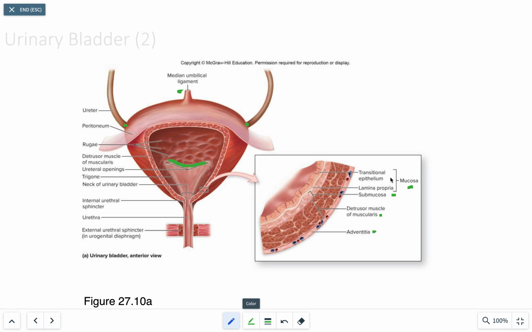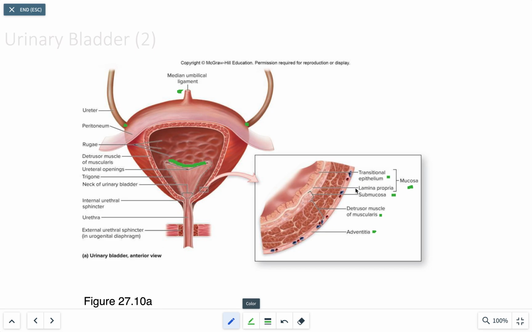So starting with the mucosa, this lines the bladder lumen. It's made of transitional epithelium, which accommodates the distension. We can see here the transitional epithelium, and the rugae, or the internal folds, allow for distension.